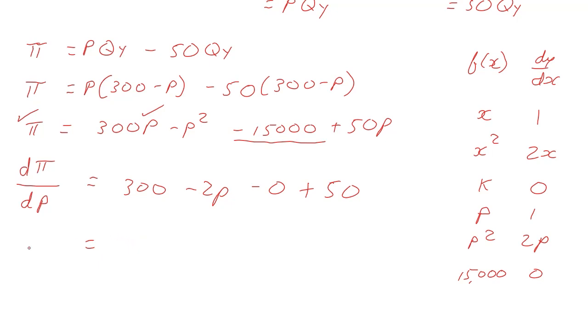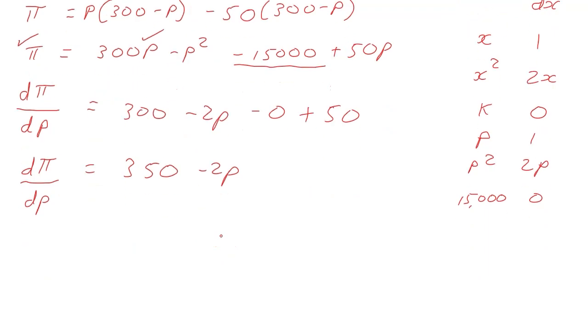So we have d pi by dp, or maximizing profit with respect to price, is equal to 300, and let me just write 350 this time, 350 minus 2p.